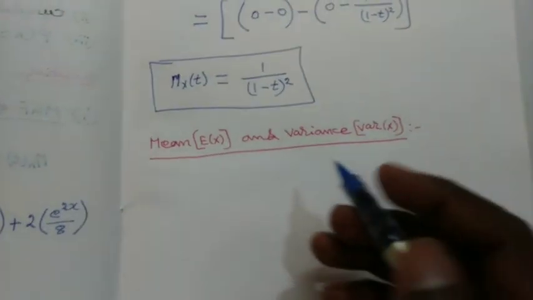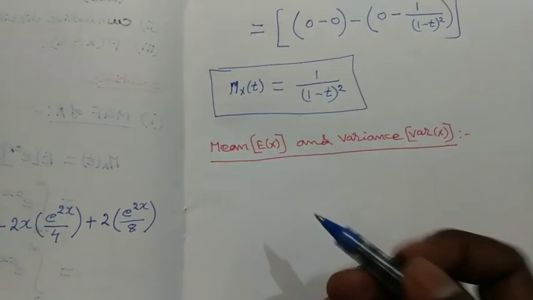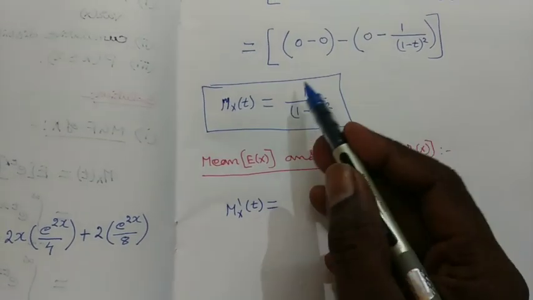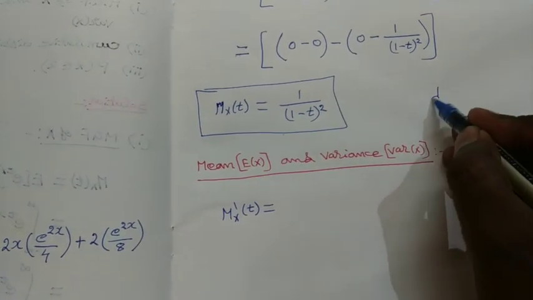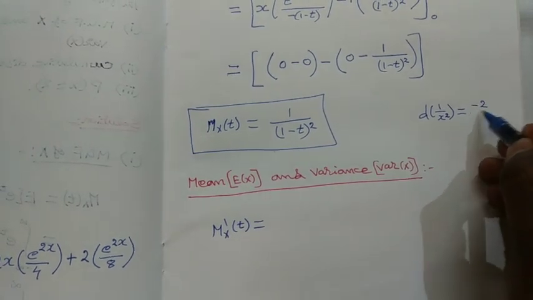Given M_X of t, here I am going to differentiate with respect to t. So M_X dash of t. The differential of 1 by x square is minus 2 by x cube.